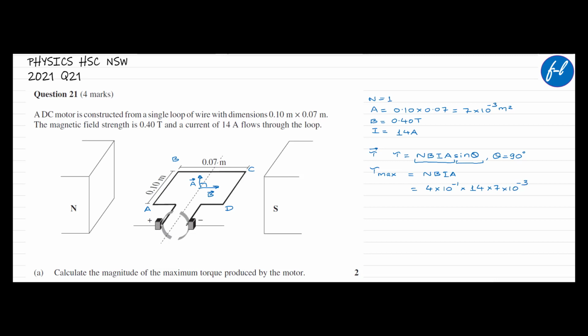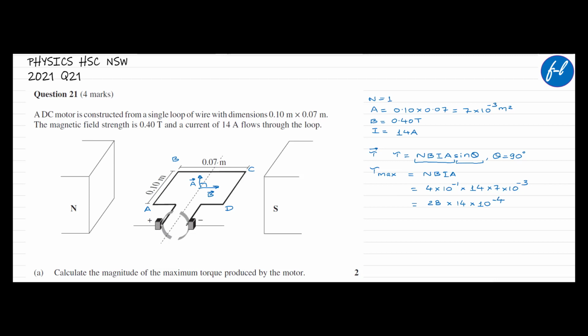So it's a simple multiplication, and that should give you the answer. So let's see what is the answer. To complete the answer, we will do the calculations. So 28 multiplied by 14 into 10 to the power of minus 4.